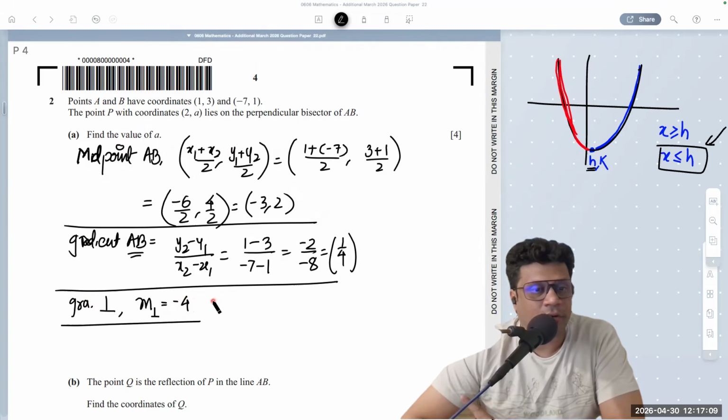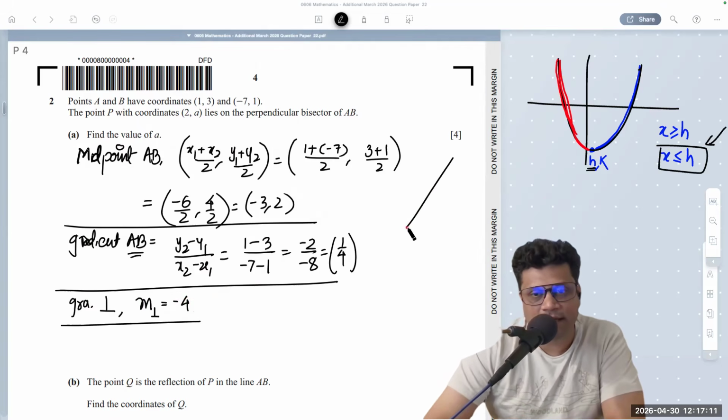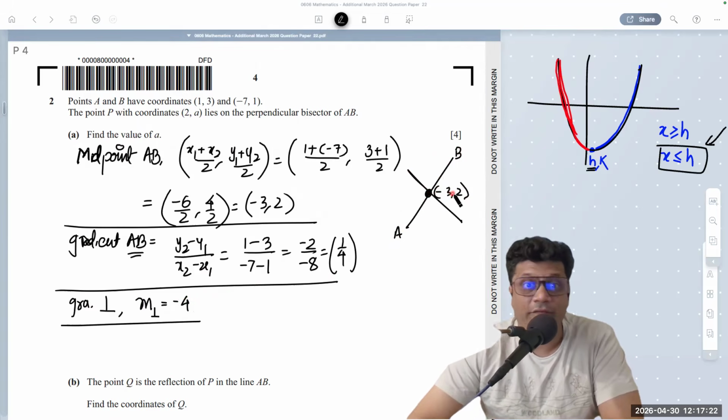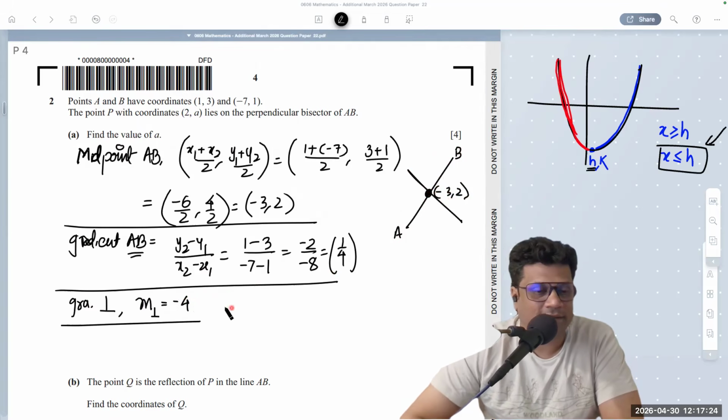And I also know that this perpendicular bisector of AB has to go through the midpoint. So I have one of the points it passes through. I'm going to use that. So I go y equals mx plus c is the equation. Y for this point is a 2.